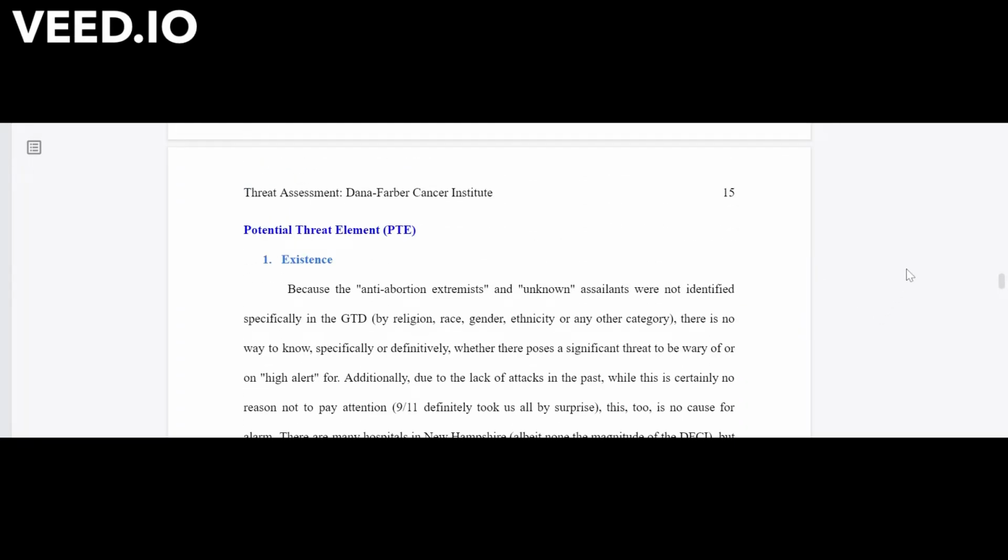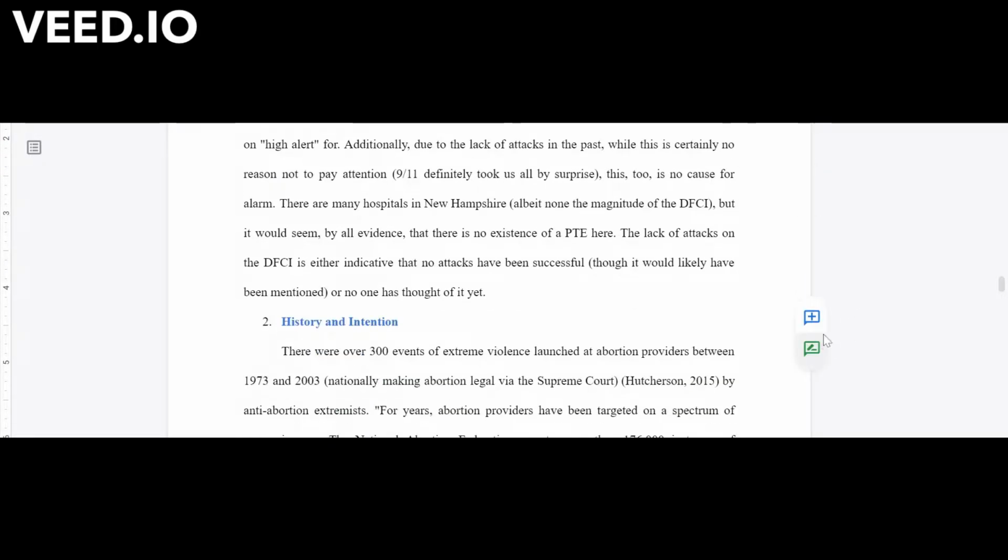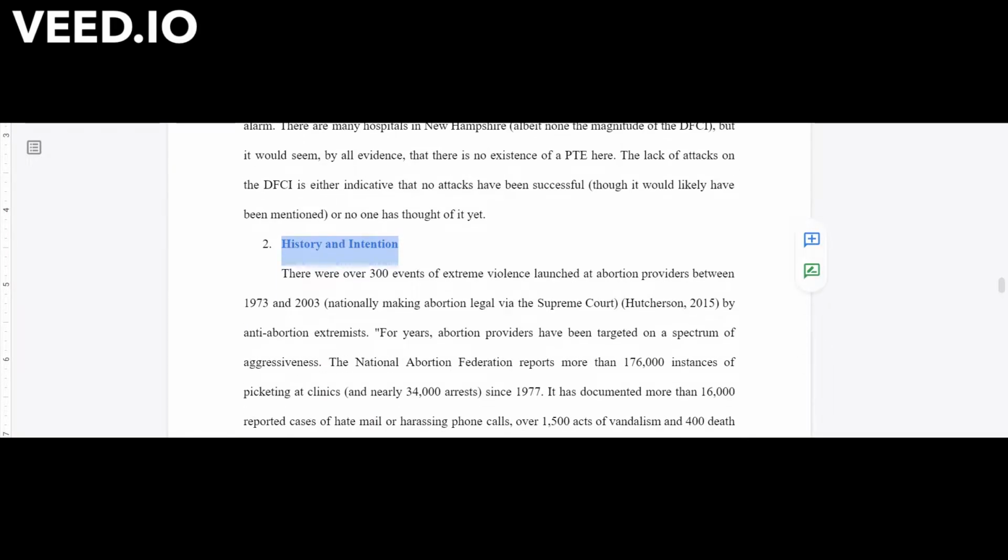So we were looking at the potential threat element and whether or not an actual threat existed, which we would discover through the course of our research. Then we would look at the history of past attacks or attempts and the intent behind them, because we know past is prologue, right?